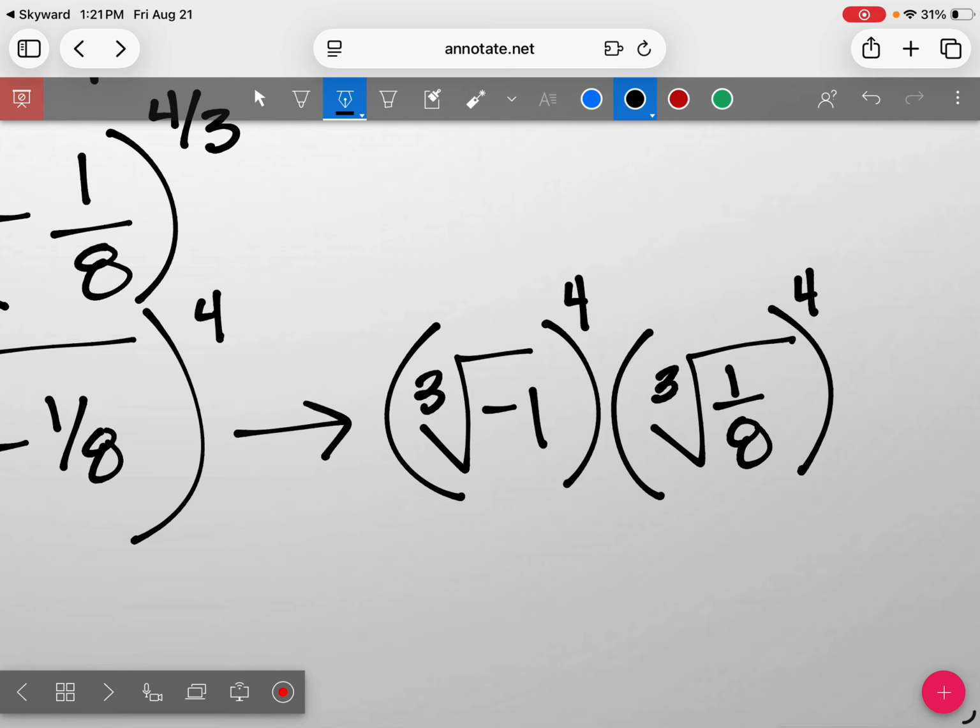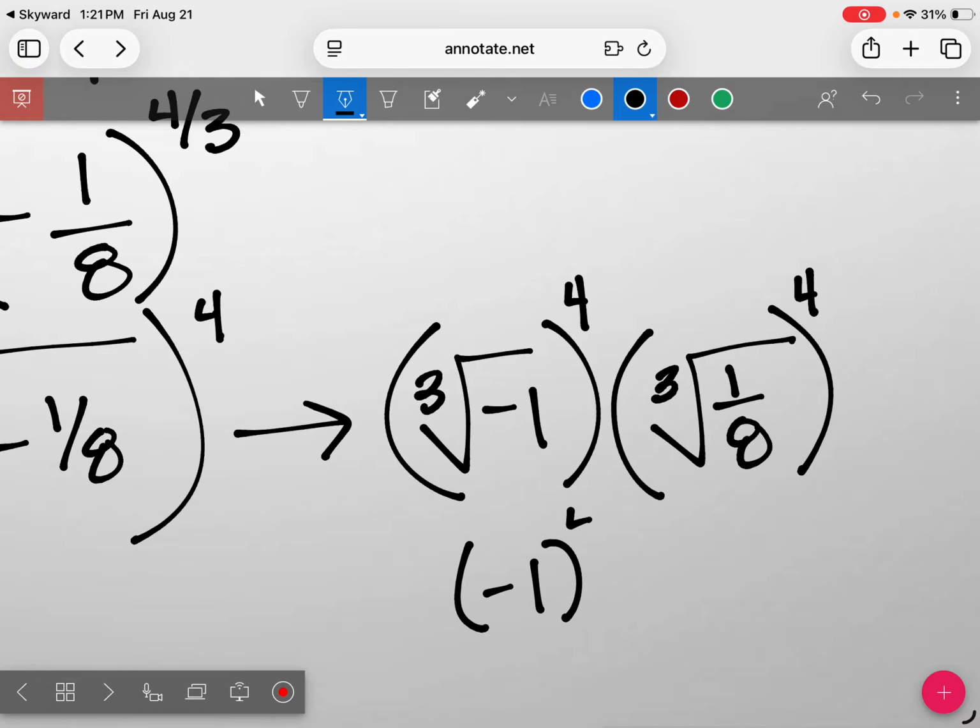So does anybody remember? What am I going to do with the negative? Do I leave it? Does it have to stay or can it come out? Looking at this number in the elbow. Who says it can come out? Because this is what? Odd. So this is going to change to a negative 1.